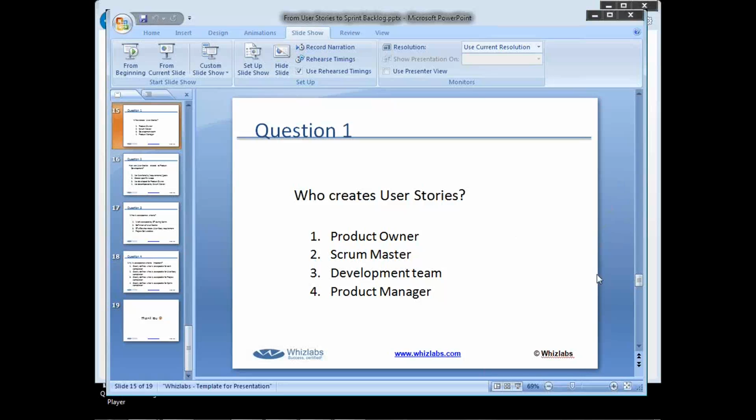Okay, someone says the product owner is correct. Let's see what else somebody shows me. Yes, exactly. Okay, I have good responses right now. Apologies, I'm trying to open up my window a little bit better and I'm not having too much success. Give me a second, please.